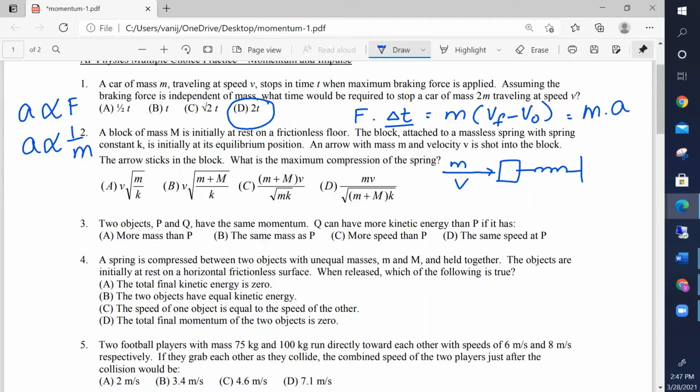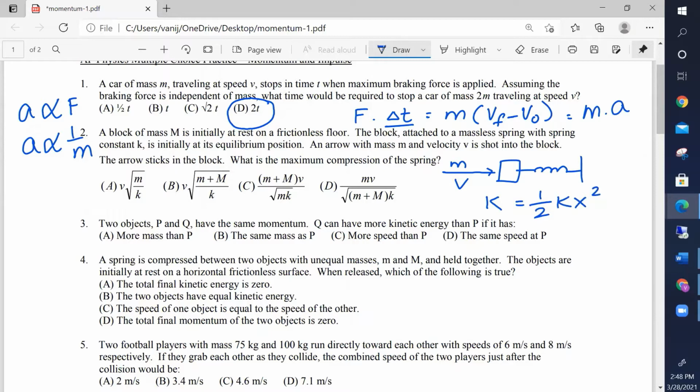And in order to figure out the compression of the spring, you use the conservation of energy, which means that the kinetic energy of the arrow and the block is converted into elastic potential energy, which is 1/2 kx squared.